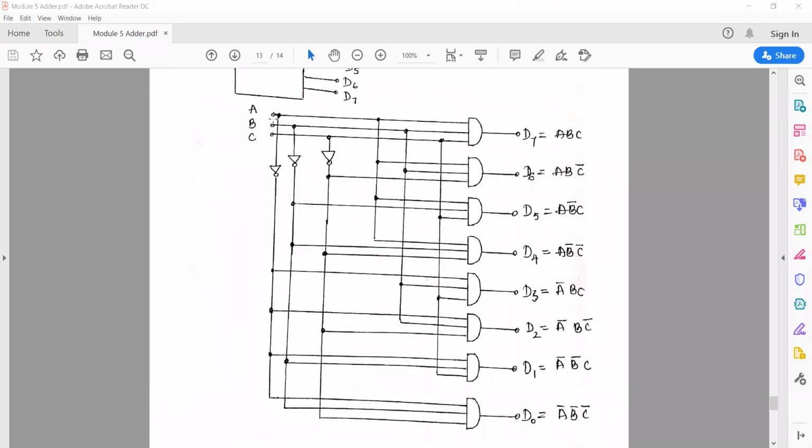You see that A, B, C are the 3 input lines, and tappings are taken from A, B, and C. From A there is a NOT gate, so we get A complement, and it goes to the D0 line. B complement goes to the last AND gate, and C complement also goes to the last AND gate. So we are getting D0 as A complement, B complement, C complement.